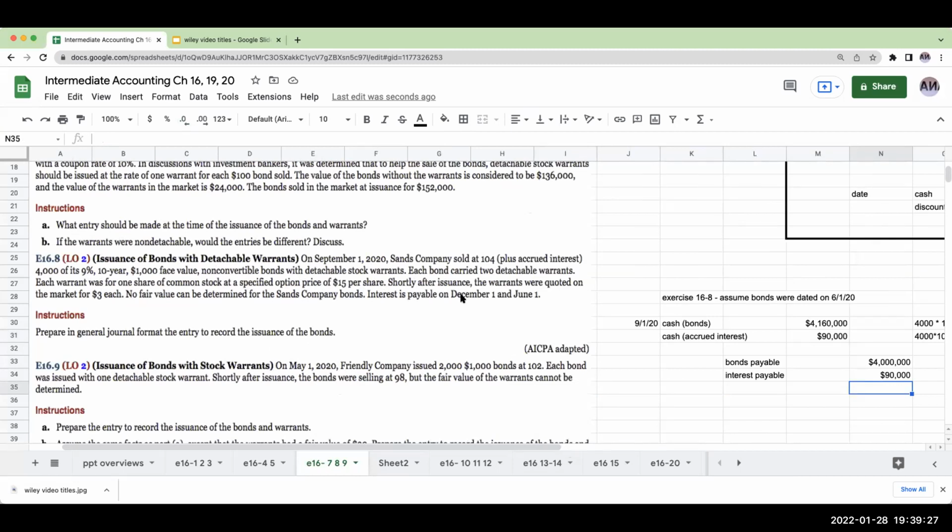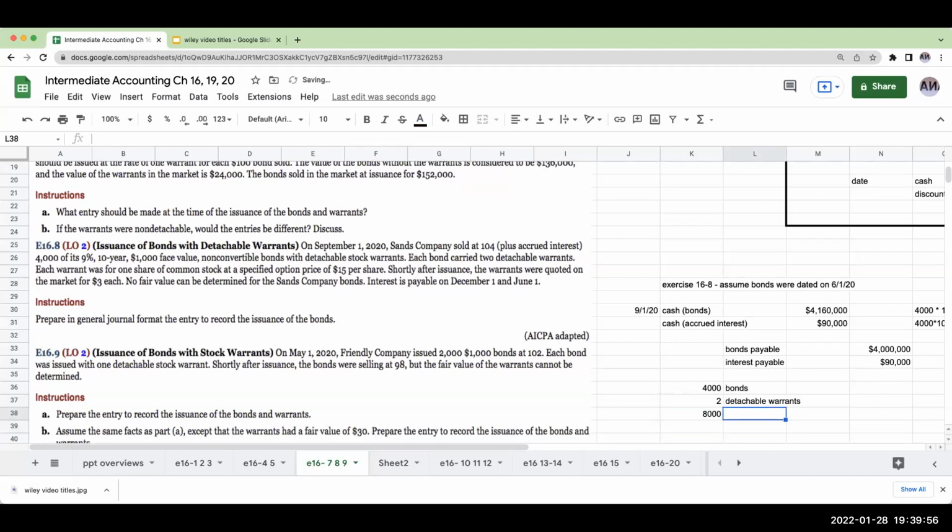So we don't know what the value of the bonds are, but we are told that shortly after the issuance, the warrants were quoted on the market for $3 each. So what I know over here is we have 4,000 bonds. We're going to have 2 detachable warrants each, so this is going to give us a total of 8,000 warrants.